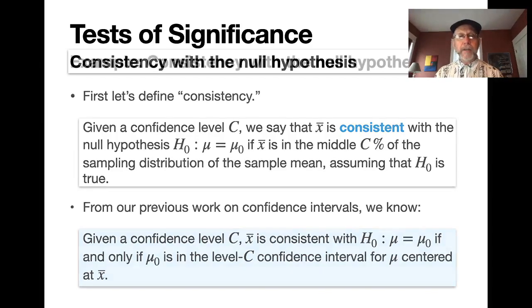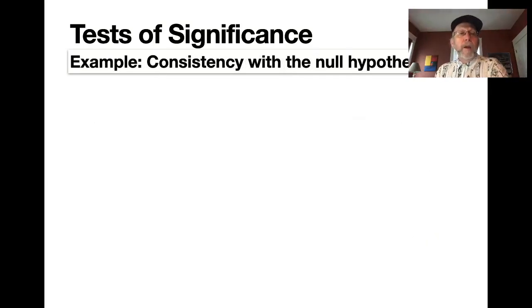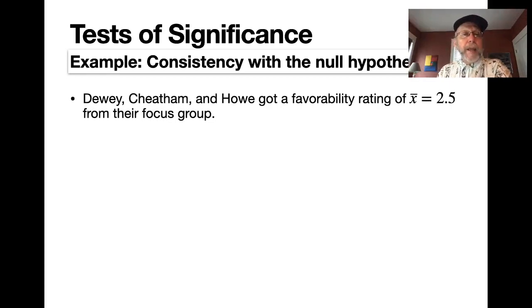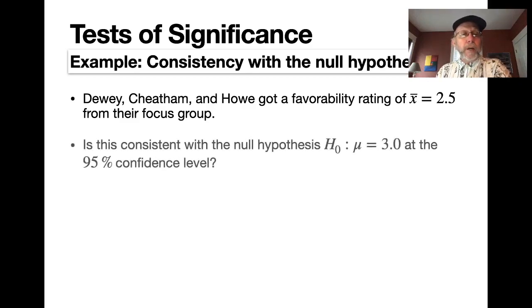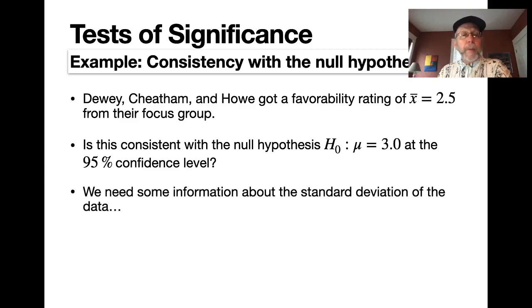In fact, let's look at an example right now. We found that Dewey, Cheatham, and Howe got a favorability rating of 2.5 from their focus group. If we wanted to evaluate the consistency of this data with the null hypothesis that the true mean favorability is 3, we're going to need some information about the standard deviation of our data.